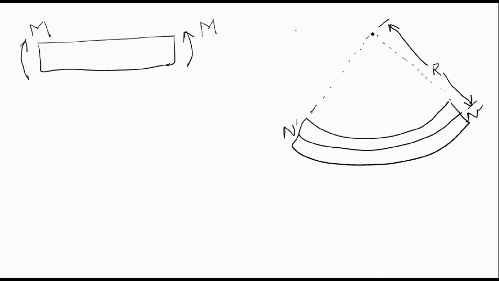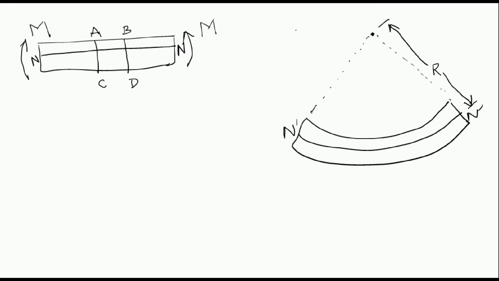So let's say n is the neutral layer before, and n dash is the neutral layer after bending. Now if we take a small element, let us pick a small element a, b, c, d.